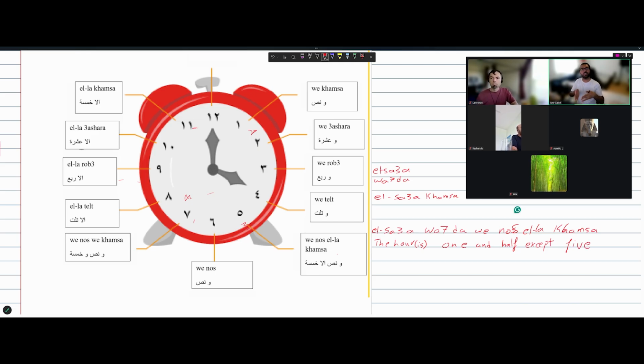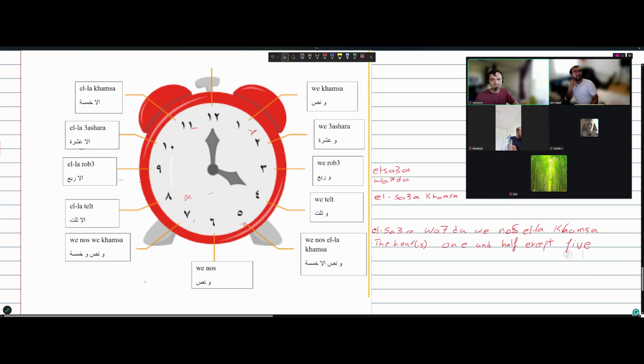So the hour is 1 o'clock and a half minus 5. So that's the logic.